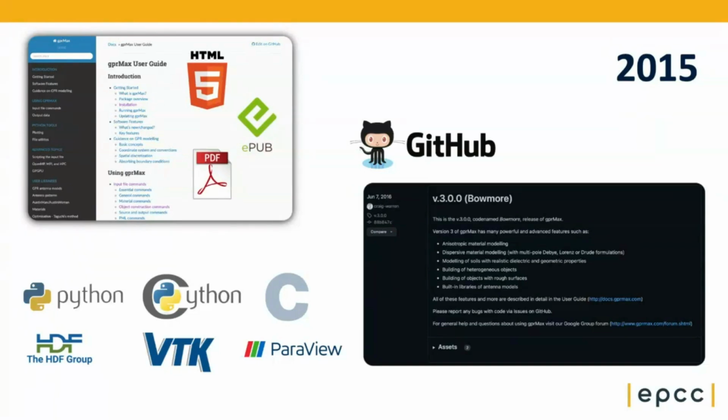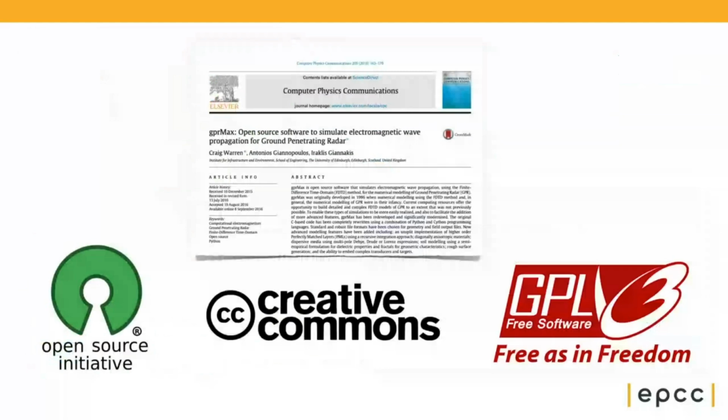We use Read the Docs to put all our documentation and all these things. And we created the first version. We call it Bowmore. We call it after whiskeys. Every version has a whiskey. And that was around 2016 when it came out. 15, 16 was the main development.